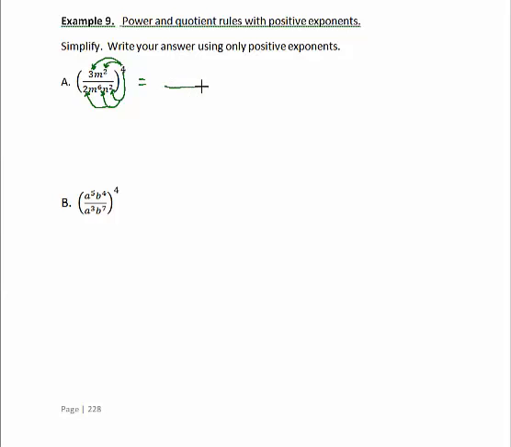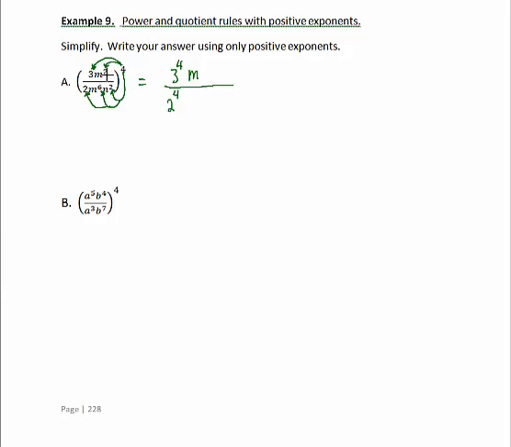So we could drop these parentheses, but we have to apply this power of 4 to each coefficient and variable on the inside. So this is a 3 to the 4th and a 2 to the 4th on the bottom.